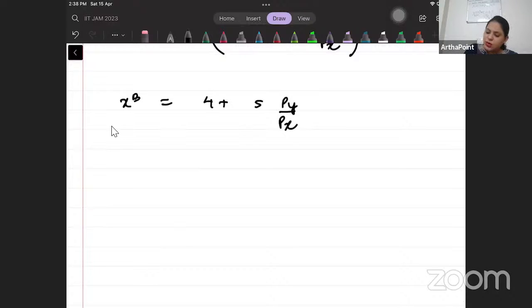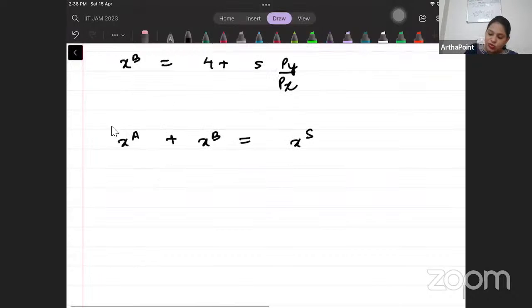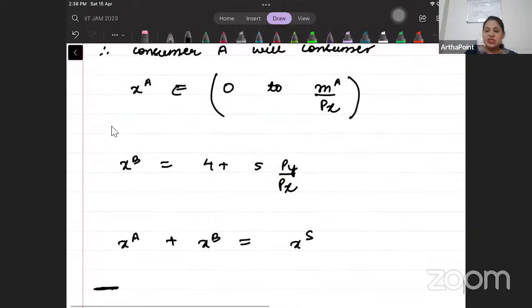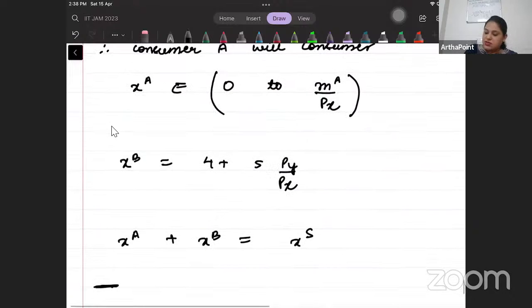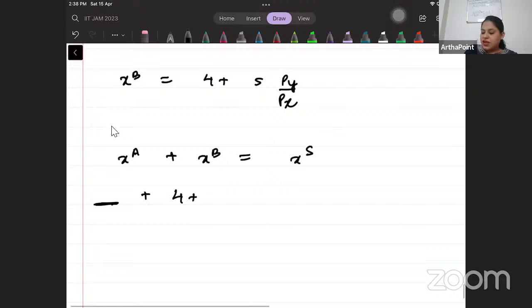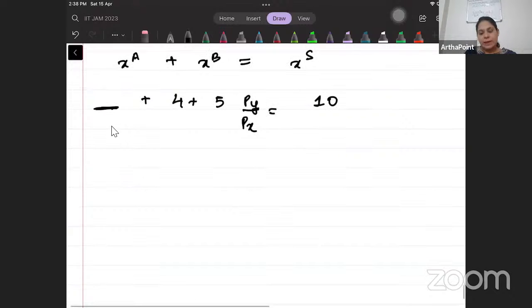Again let's just equate demand plus supply. Demand of A plus B equal to supply. So here we leave a dash for now. It can be anything between 0 to this plus 4 plus 5 py by px is equal to xs. The total supply of good x is 10.